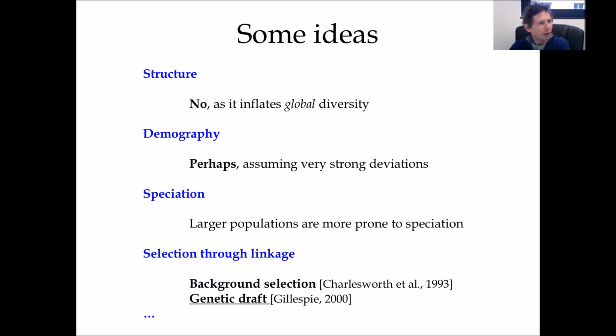I mean, if you belong to a small village with inbred people, you're genetically closer to your neighbors, but at the worldwide level, I think it would, on the contrary, tend to inflate the difference between individuals living at different places on Earth. So I don't think that's the correct answer for that.